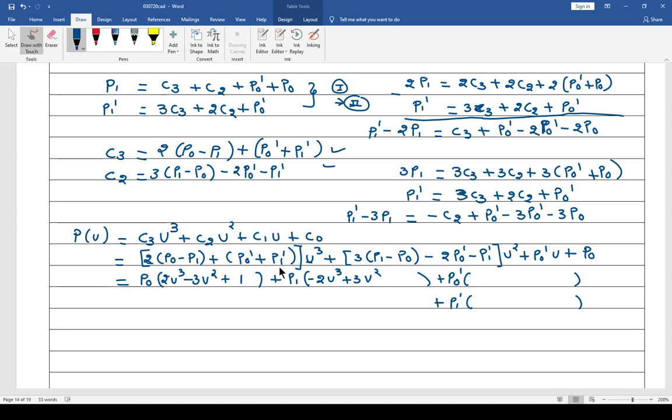For p0 dash, this is the term. Okay, so I have only u cube. For p0 dash, I have 2 minus 2u square.